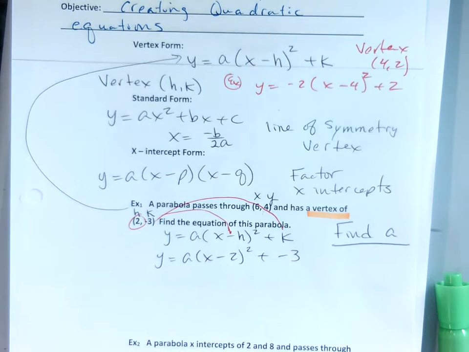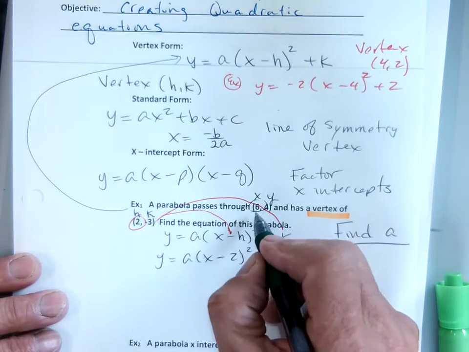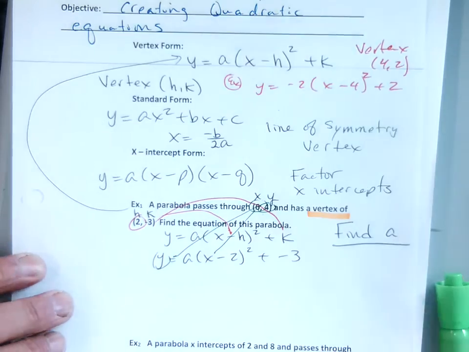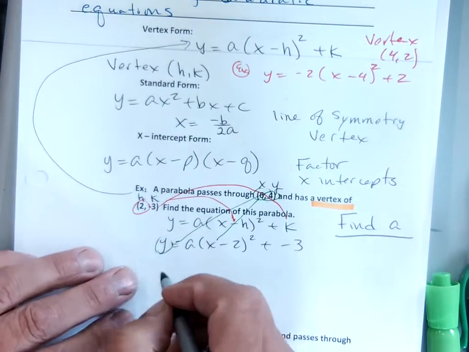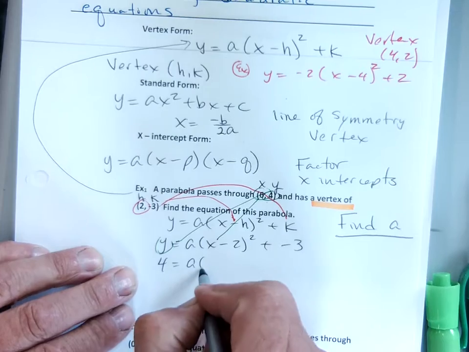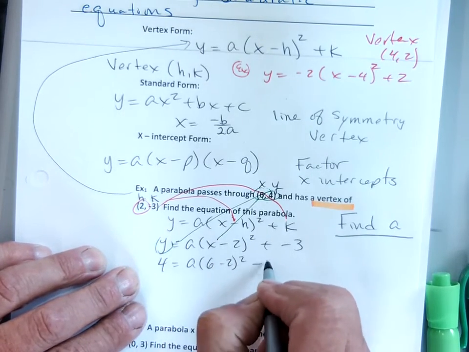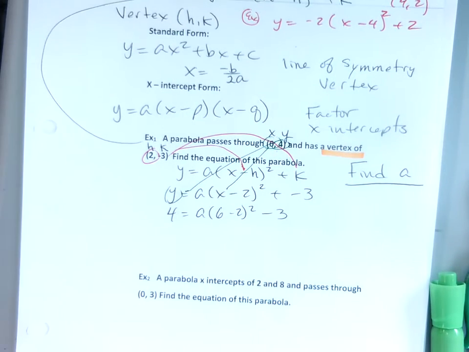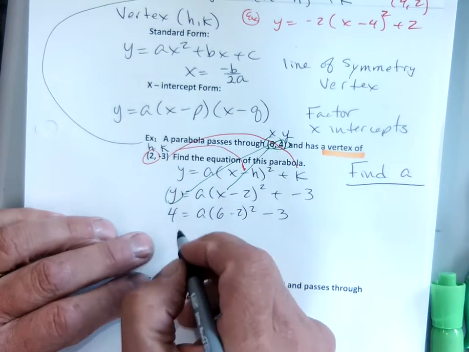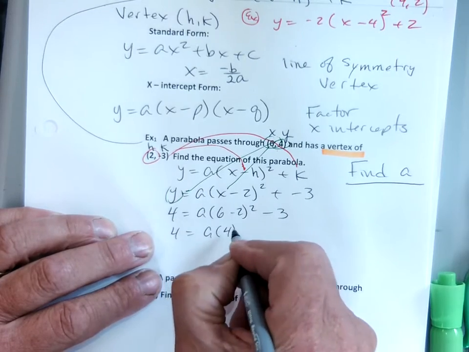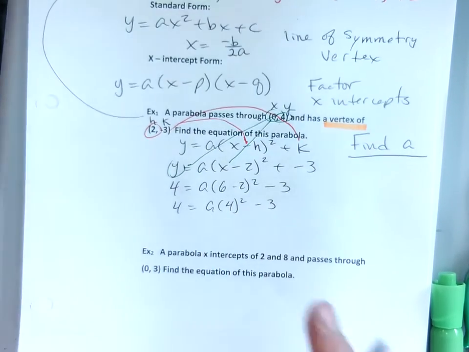So I'll rewrite this as 4 equals a times (6 minus 2) squared minus 3. And now I can find the value of a, because all I have is numbers and just a. So I have to solve for a. I can do this. 4 is equal to a times 4 squared minus 3. I just went 6 minus 2, that's all.